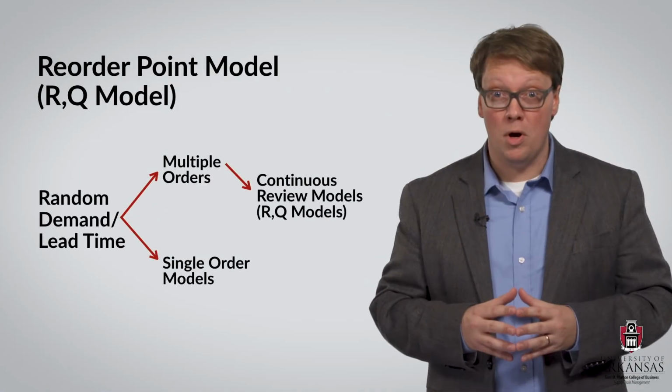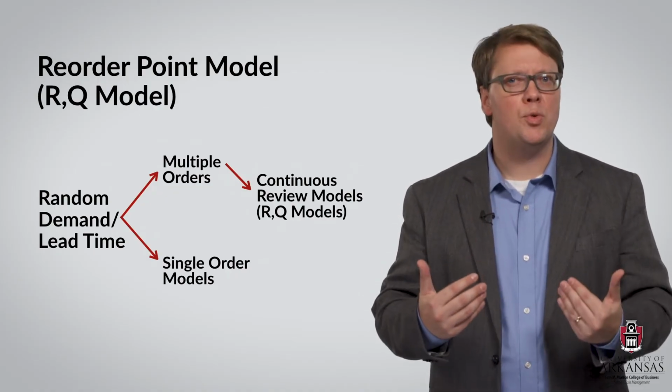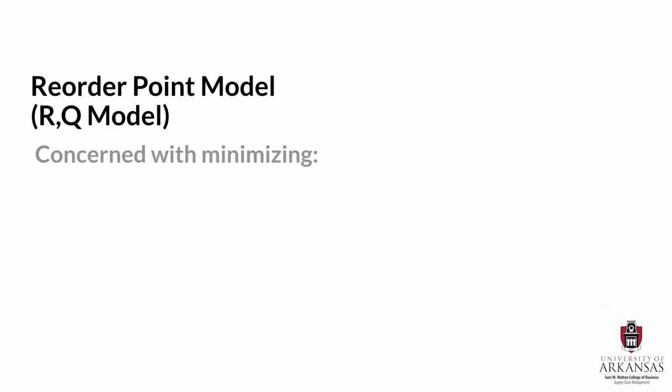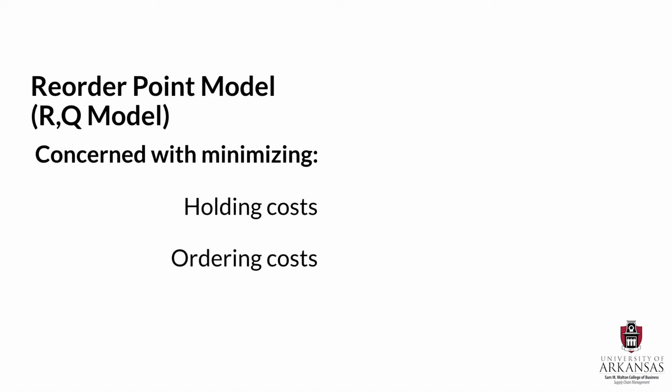Let's take a quick look back at the reorder point model, which, recall, is a multiple order model where we can hold inventory and place multiple replenishment orders over time. In that case, we were concerned with minimizing holding costs, ordering costs, and backorder costs.